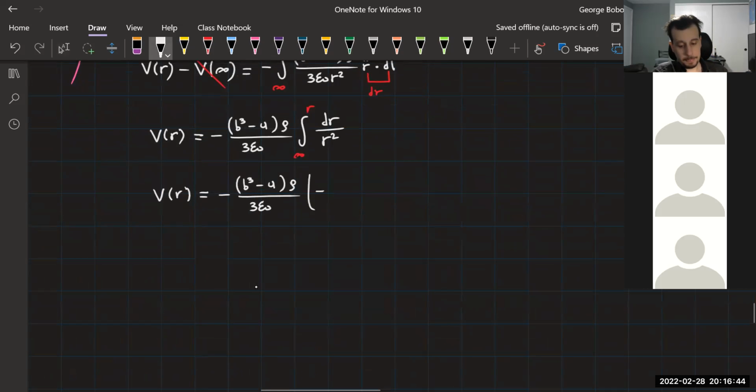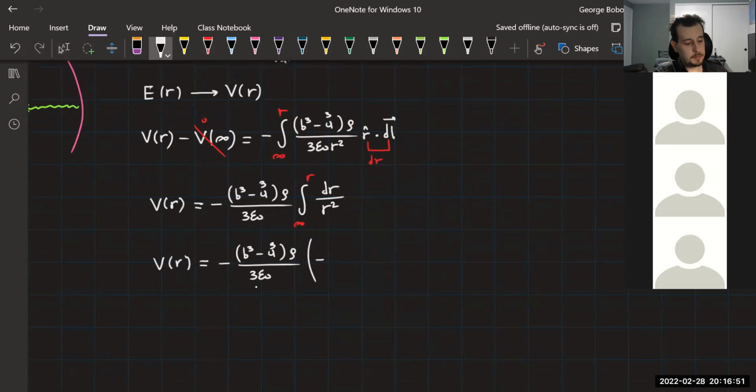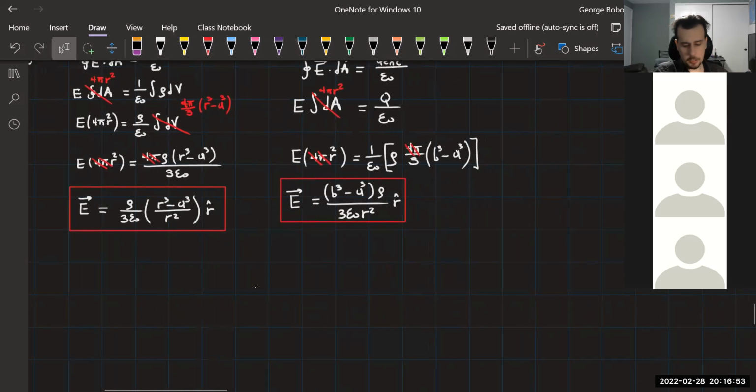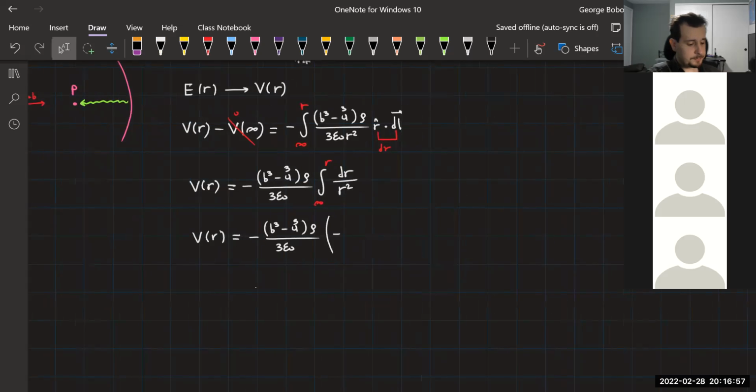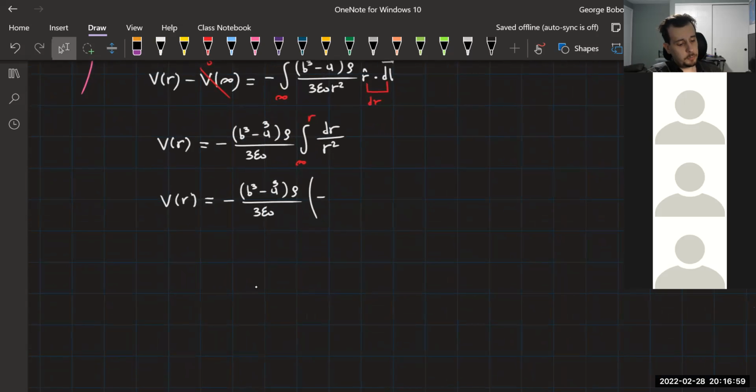Wait, is it like b cubed minus a cubed? Yes, I think I lost it in the copying there. Yeah, I lost it in the copying there, Kelly. Thanks for noticing. So the integral of 1 over r, we've seen this a million times, going from infinity to r, negatives cancel.